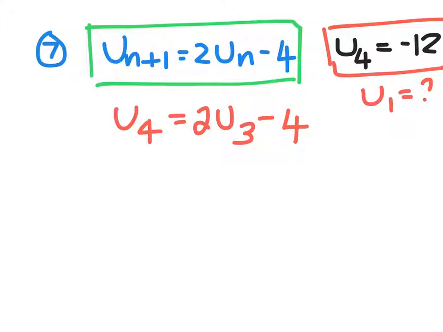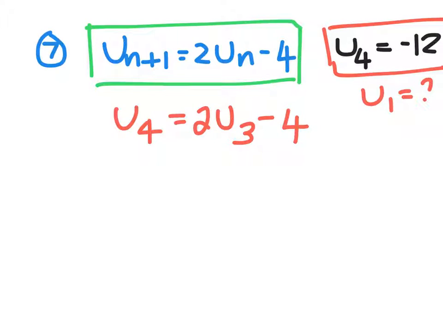The number 4 is always the one bigger than the number 3, so u4, u3. Now we know from the question what u4 actually is. Up here, u4 equals negative 12.